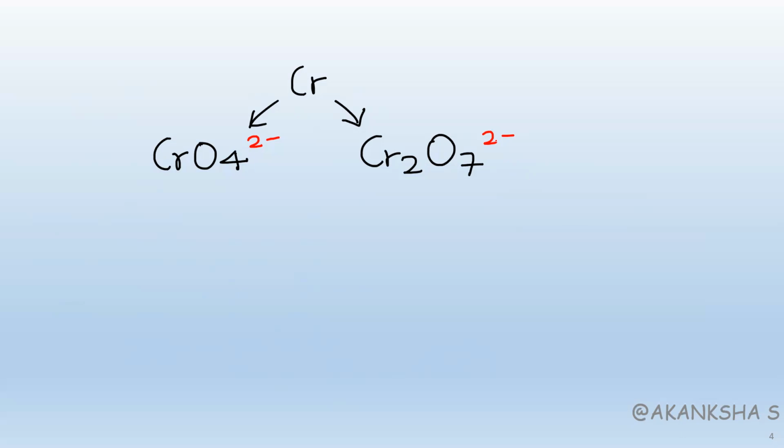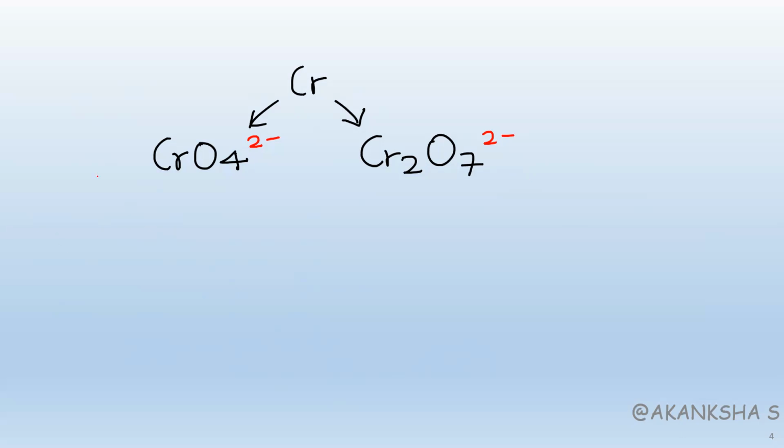Now, why am I saying these things even before starting with the preparation of potassium dichromate? Because potassium dichromate does not simply yield from its ore. There is a set of reactions that needs to be carried out, and only after those conditions and reactions do we get potassium dichromate from the ore.